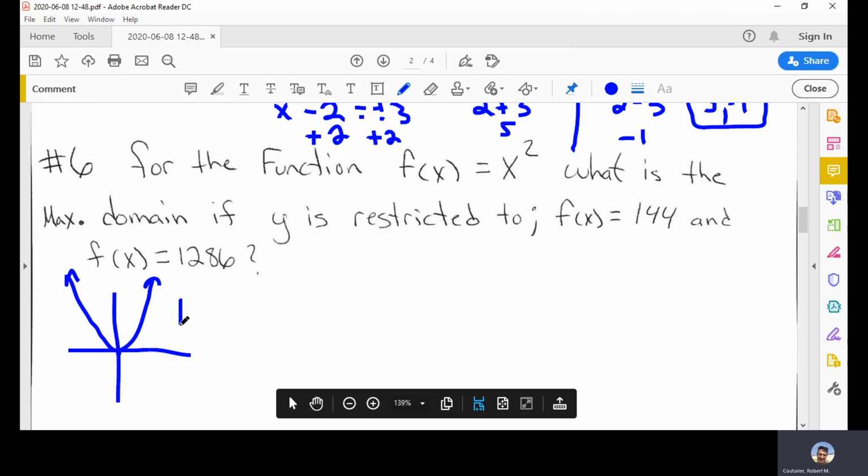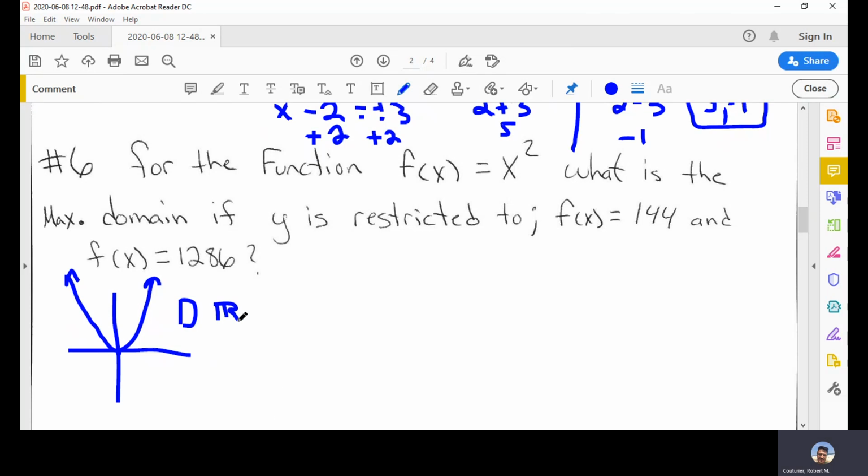So generally the domain for this is all real numbers, provided that they're not restricting any of your results. Because we only have an x, provided that we can get a y. We have an equation. We can only have the y or the f of x part if we have a number to plug in for x.